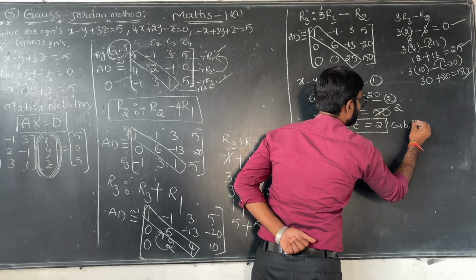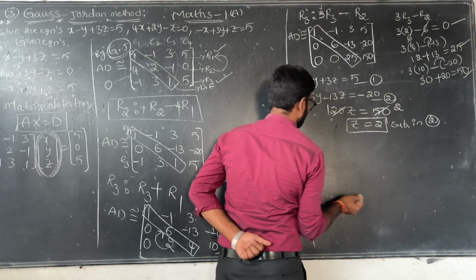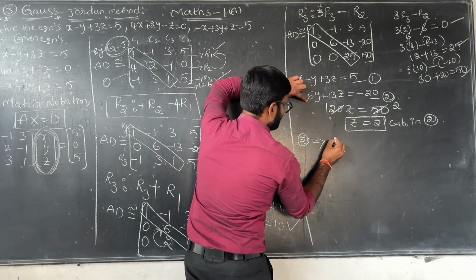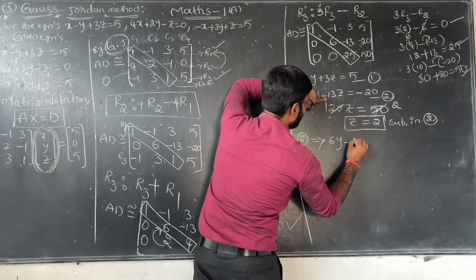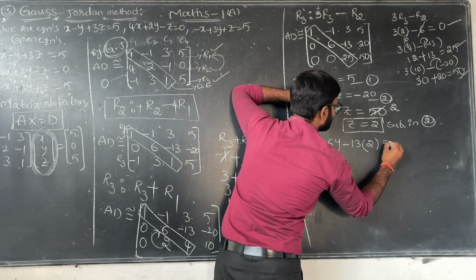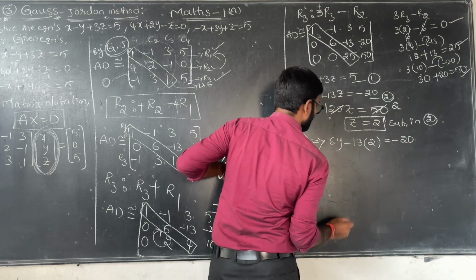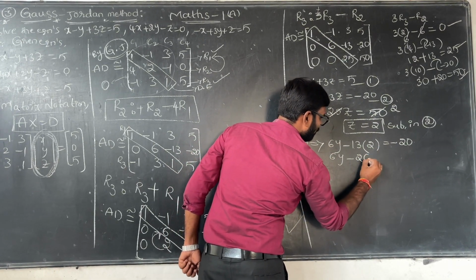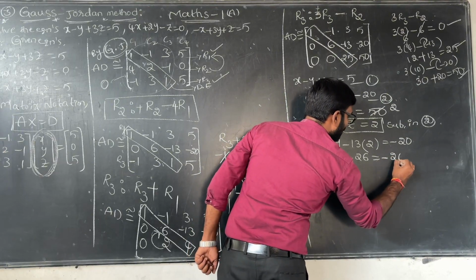Now substitute in the second equation. Write down 6y minus 13. What is the z value? 2 is equal to minus 20. 6y minus 13 2s are 26 is equal to minus 20.